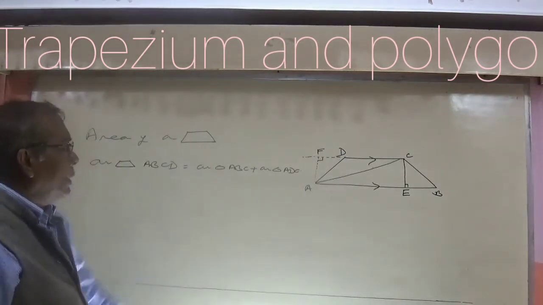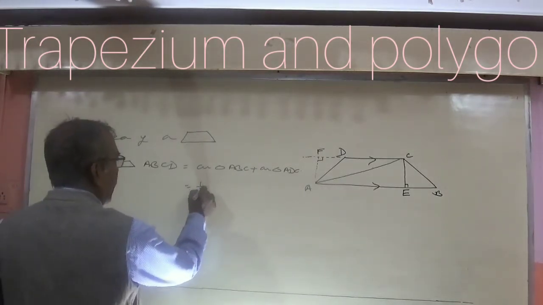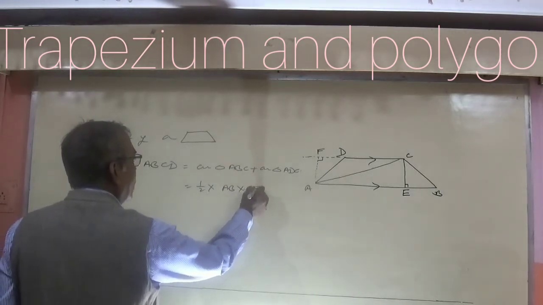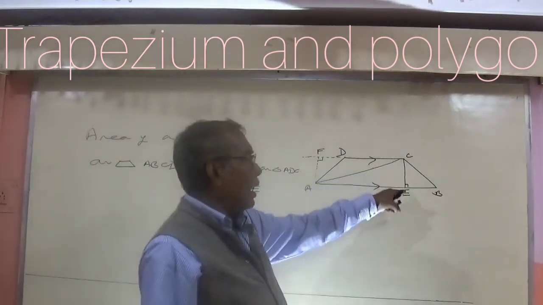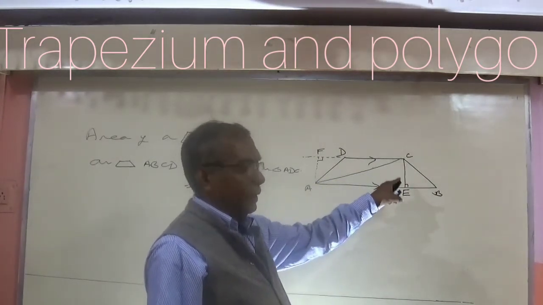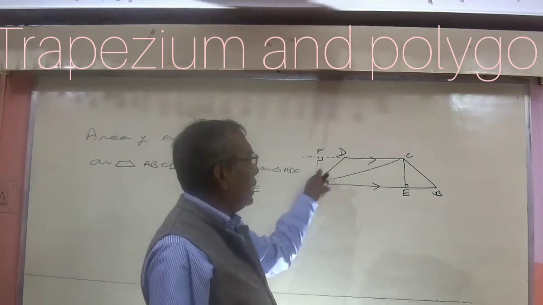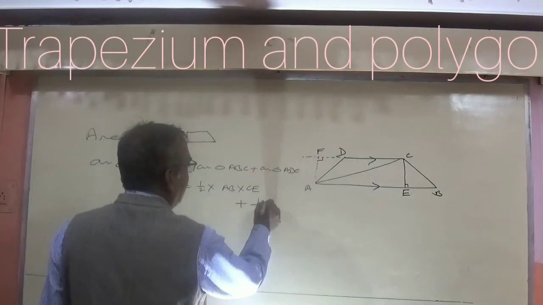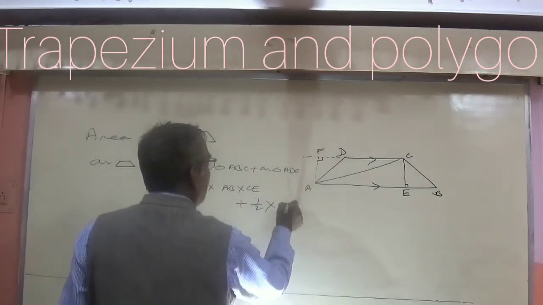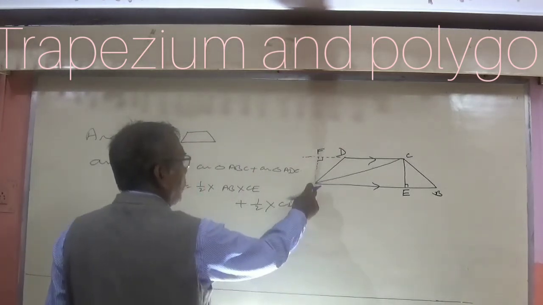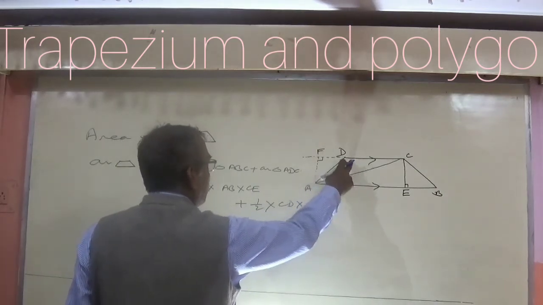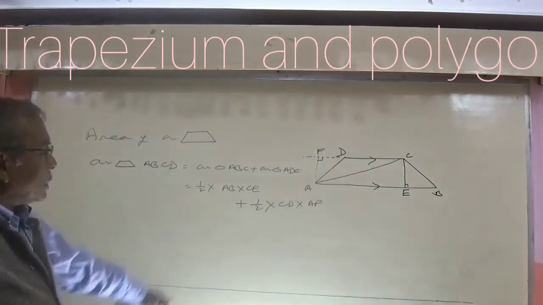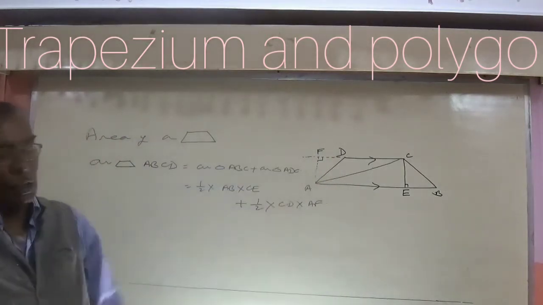Now area of triangle ABC you can write as half into base AB into the height CE. Similarly, area of triangle ADC is equal to half, here the base is CD, and the perpendicular dropped from the vertex to the base is AF. So the sum of these two areas will give you the area of the complete trapezium.